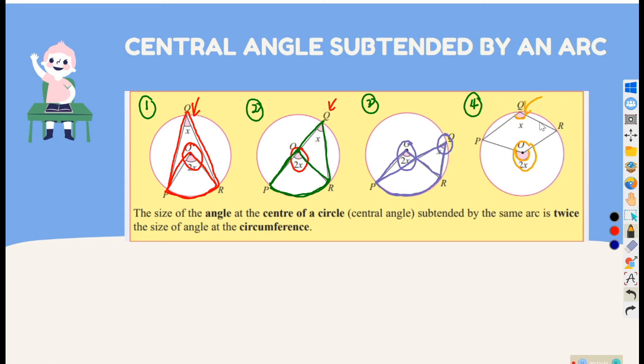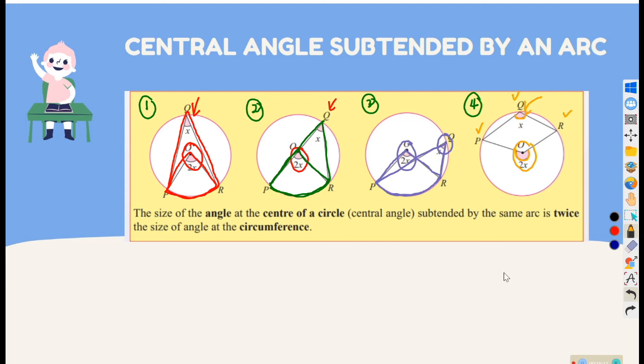Is it the same arc here? This one is PQR. You have P, you have Q, and you have R at the circumference, and the center here is O, the center of the circle. So you know that the angle at the center must be twice the size of the angle at the circumference.